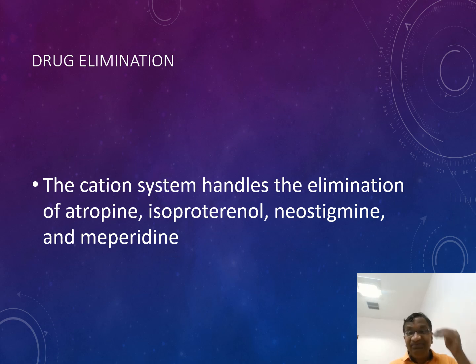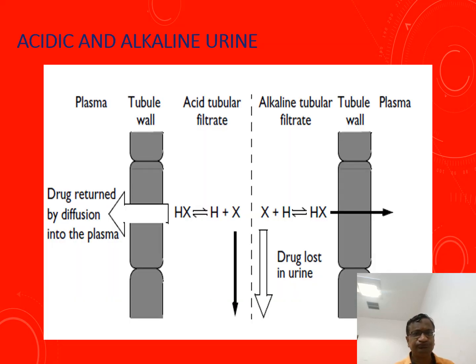Now we will go to drug elimination. We know absorption, distribution. Now we go to elimination. Cation systems eliminate. The same system eliminates atropine, isoprenaline, neostigmine. So atropine and neostigmine are eliminated by the same system. It has been taught for many decades that making the urine alkaline makes barbiturates go fast in the urine.